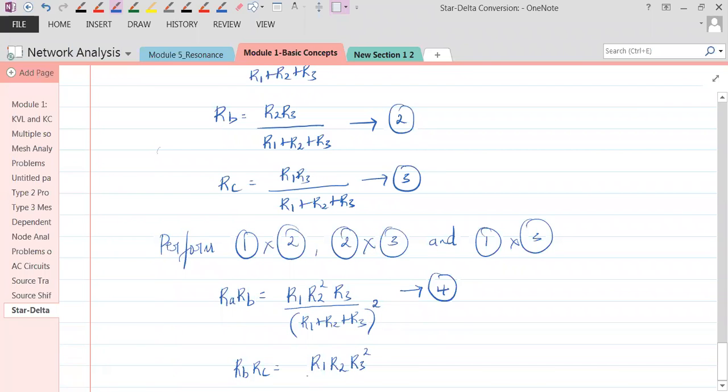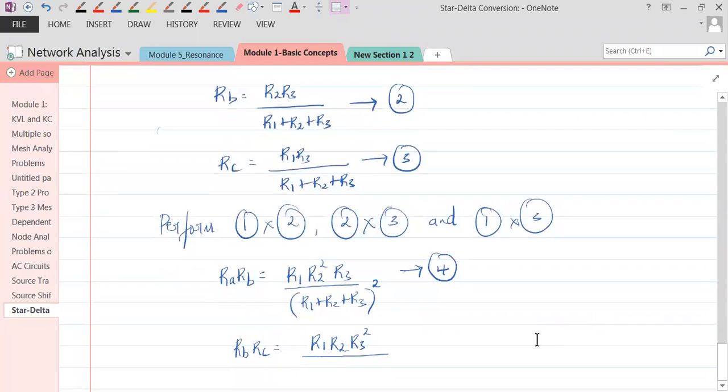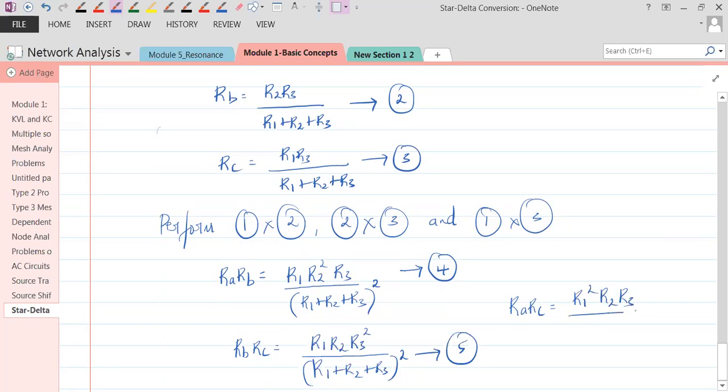So divided by R1 plus R2 plus R3 whole square. Call this as 5. Similarly, RA, RC would be R1 square, R2, R3 divided by R1 plus R2 plus R3 whole square. Call this as equation number 6.